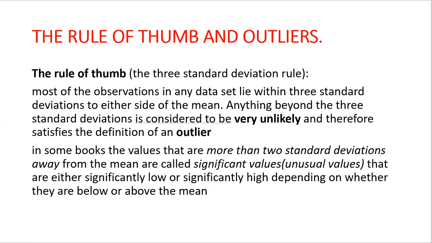In some books, the values that are more than 2 standard deviations away from the mean are called significant values or unusual values, either significantly low or significantly high, depending on whether they are below or above the mean. So let's take a look at our picture again and discuss this rule of thumb.